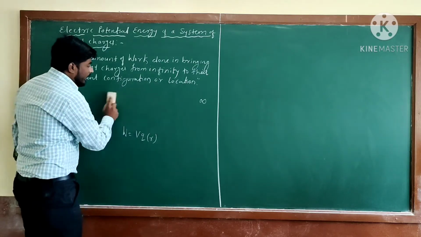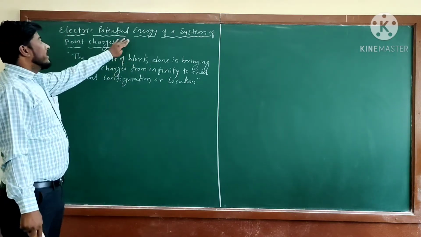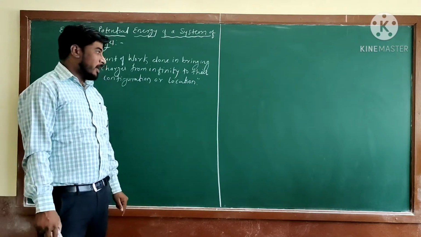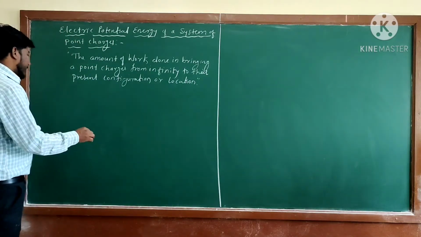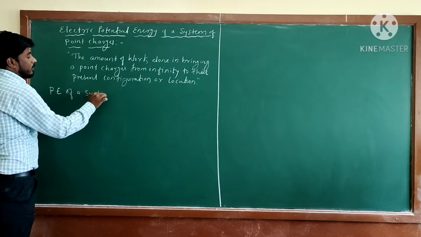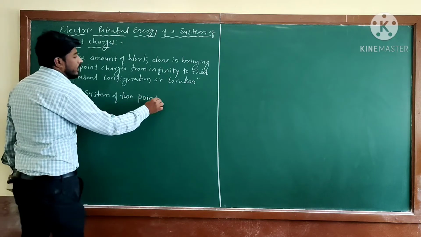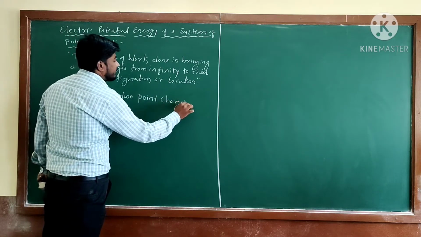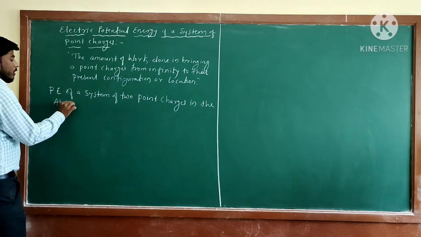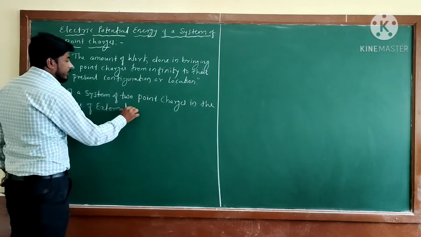Right? So here we will find the derivation for the potential energy of a system of 2 point charges in the absence of an external electric field.